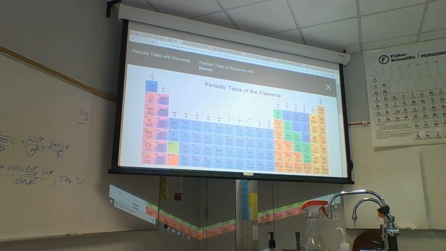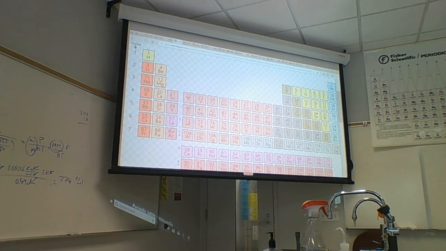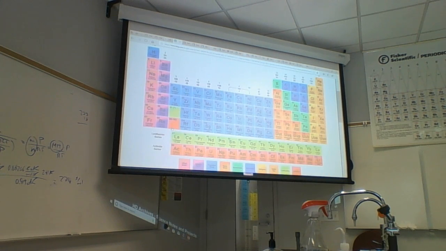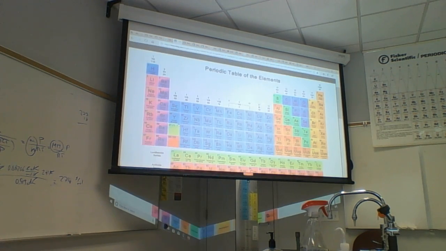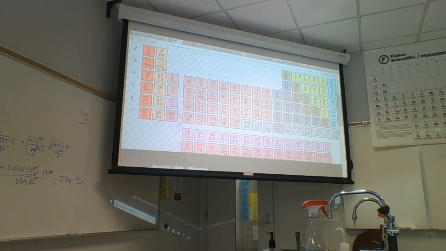Look at this periodic table and look at this one. You see where they put lanthanum? Here, lanthanum's down here. In this one, we look at this one, where's lanthanum? Above.